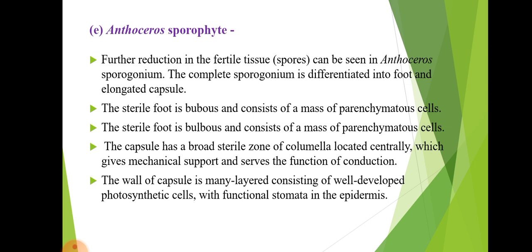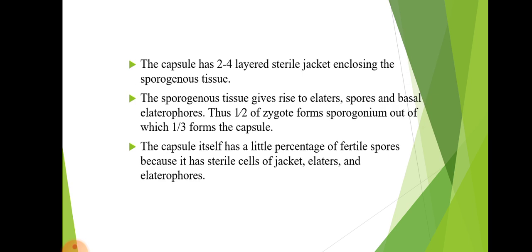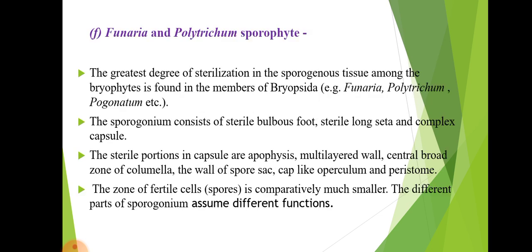The sterile foot is bulbous and consists of a mass of parenchymatous cells. The capsule has a broad sterile zone of columella located centrally, which gives mechanical support and serves the function of conduction. And then the Funaria and the Polytrichum sporophyte.